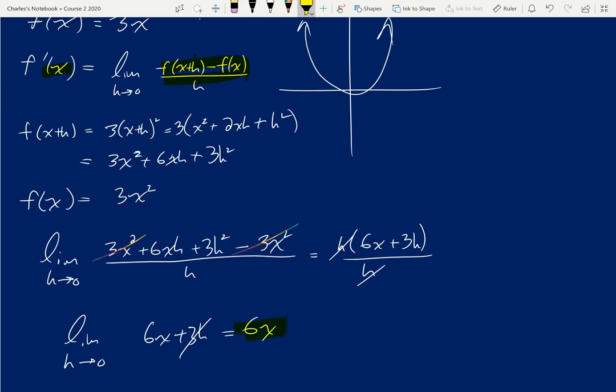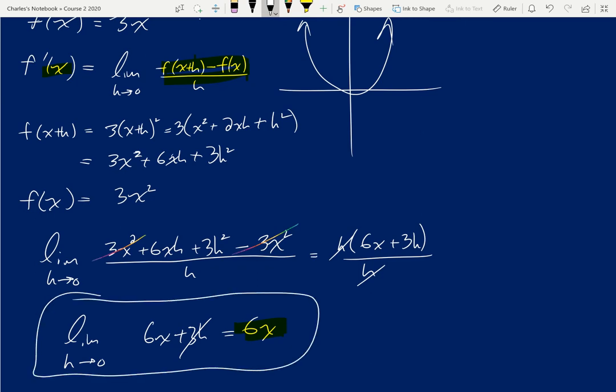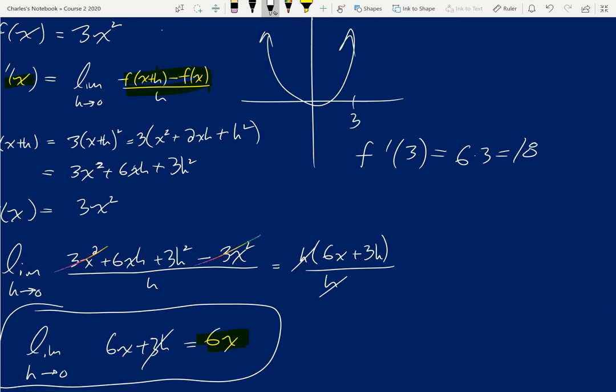At the end, I end up with an expression with an X in it, which means if I want to now use this expression to find the instantaneous rate of change at any point, let's say I want to find f prime of 3, that's going to equal 6 times x, which is 6 times 3, which is 18, which means if I found the slope at 3, I would get a slope of 18.